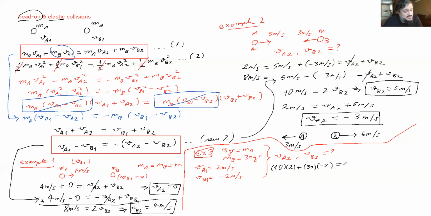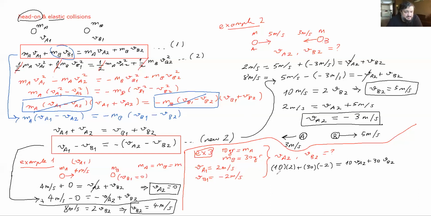Now I'm on the right hand side. MA again, 10 times this unknown, VA2 plus MB 30, VB2. This is the momentum conservation.